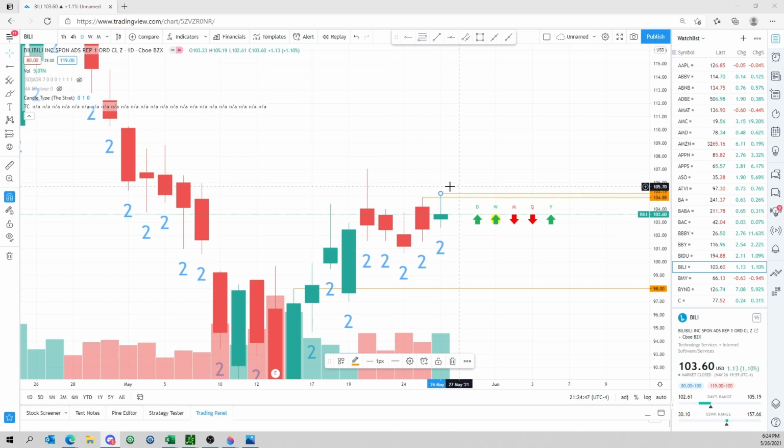And this one didn't. So the thesis of this play, you hear me say this a lot, have a reason for getting in a play. This was our reason. We bought the break on a 2 up candle. It failed. As soon as it fails and drops below this level, your thesis was wrong. So there's no reason after that point to stay in this play. Do not sit there and hope it goes back up.